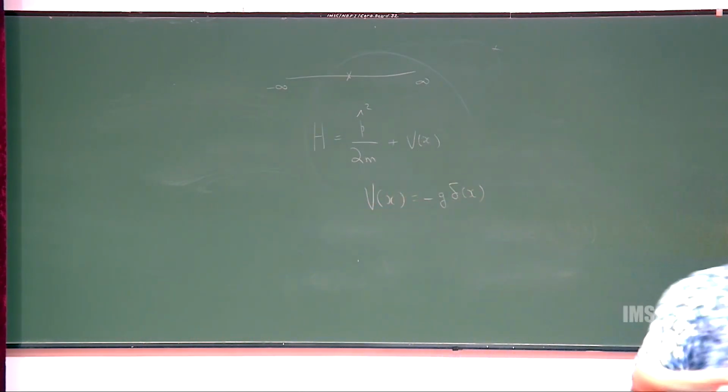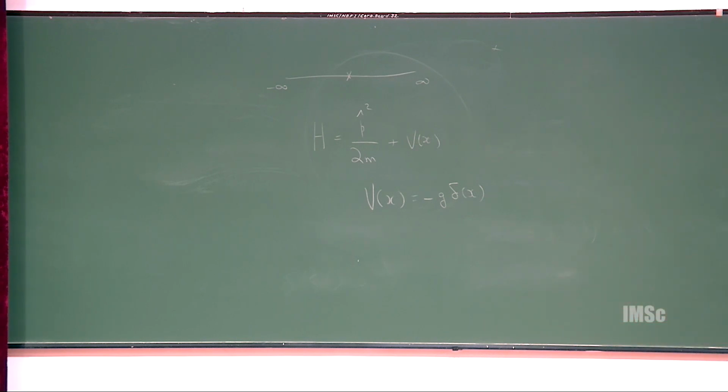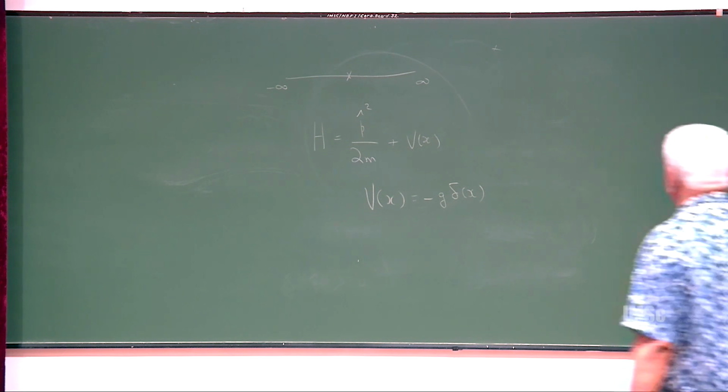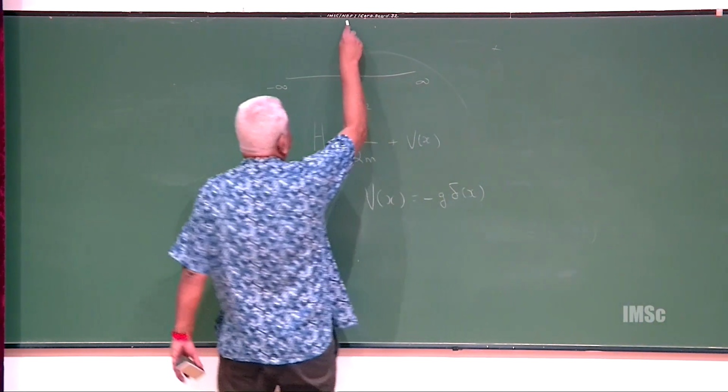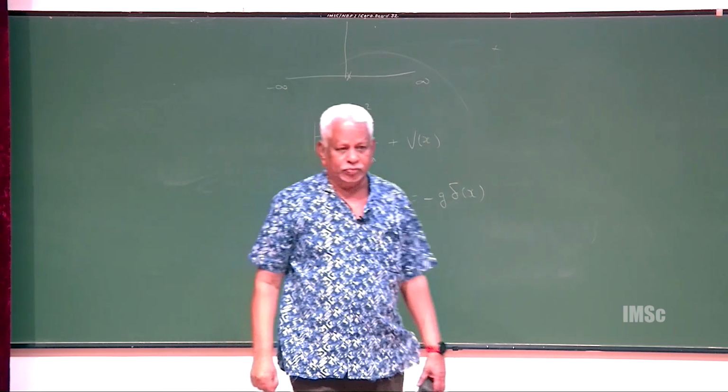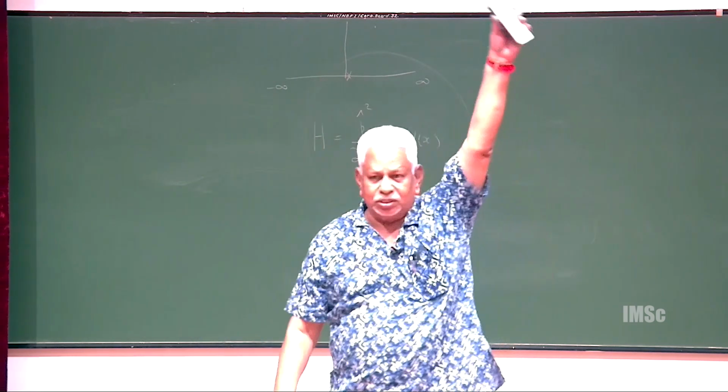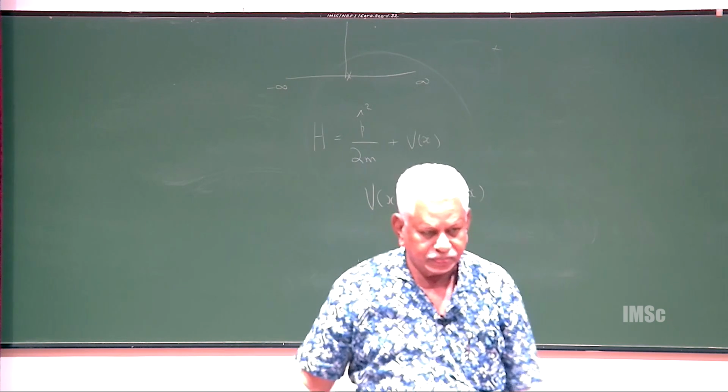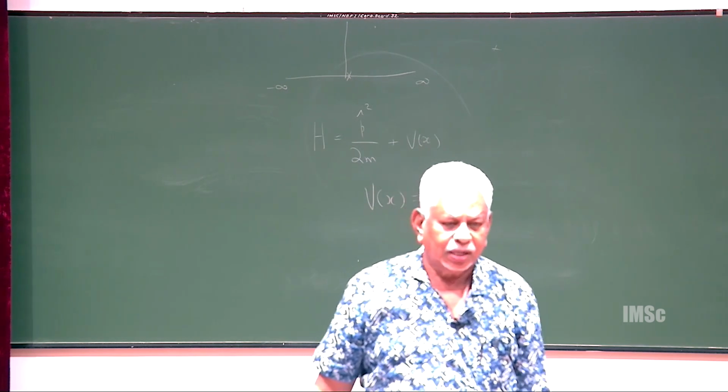The function is 0 for anything greater than 0 and anything less than 0, and at x equal to 0 it is infinity. That is the kind of function. How do I visualize it? If you want, I can draw one line here to say that is the function. At that point it is infinity, everywhere else it is 0. Okay? That's the delta function.